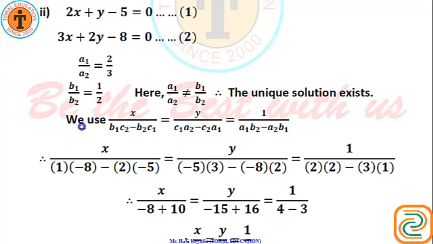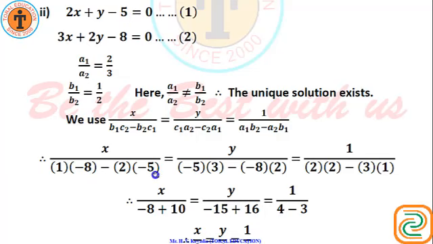So what do we do? We use x upon b1 c2 minus b2 c1, y upon c1 a2 minus c2 a1, 1 upon a1 b2 minus a2 b1. This one is a1 a2, b1 b2, c1 c2. So b1 c2: b1 that is 1, c2 means minus 8, 1 into minus 8 minus 2 into minus 5.